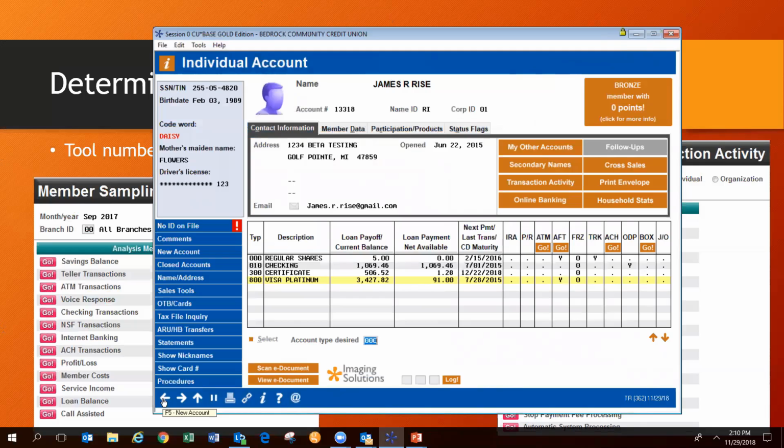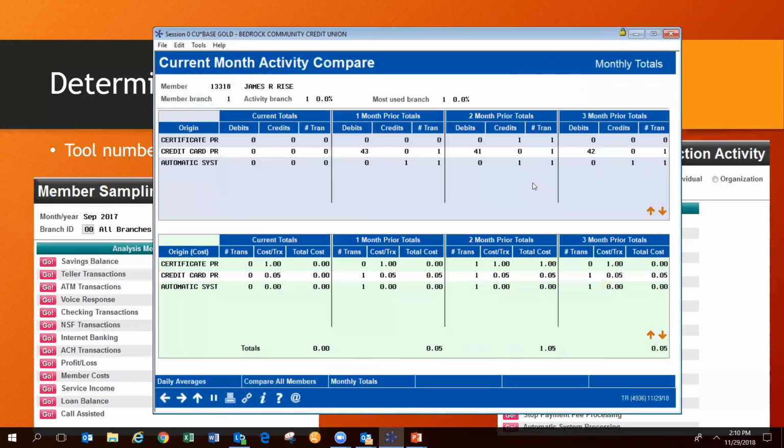You know they have ACH, you know they have debit card, they have a credit card with you. They're using home banking. And my team uses transaction activity, this button on the inquiry screen, a lot. What we're trying to do here is uncover trends, maybe through the teller line, through the ACH system. Do we have a money service business? You know, a lot of those types of items just pop out at you when you're looking at these trends.